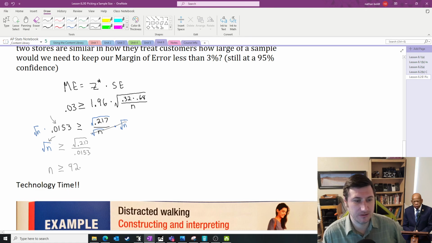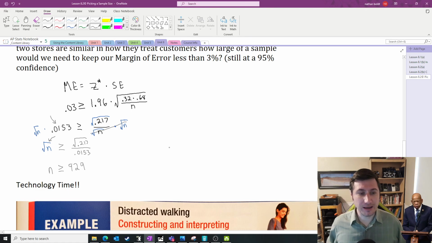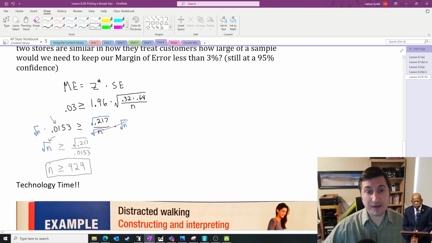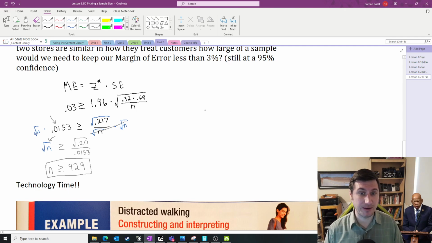Again, we have to have an integer here. As you can see, that n value is now a bit smaller. We weren't playing as safe with the stats, but we're justifying that because we have an idea of what the p hat might be.